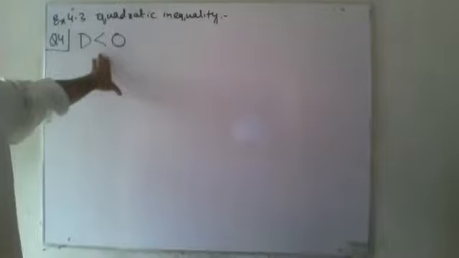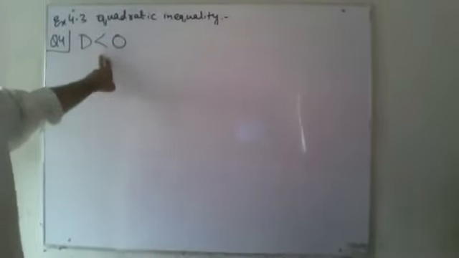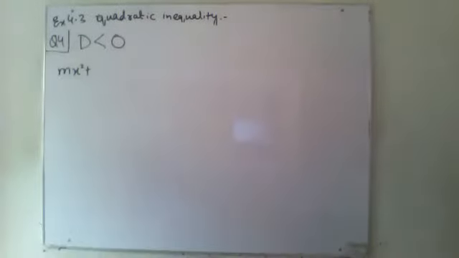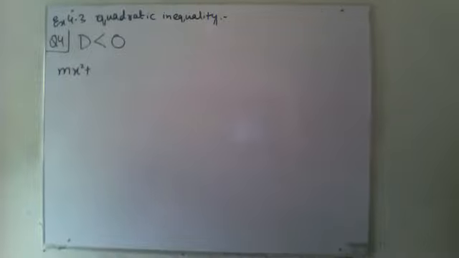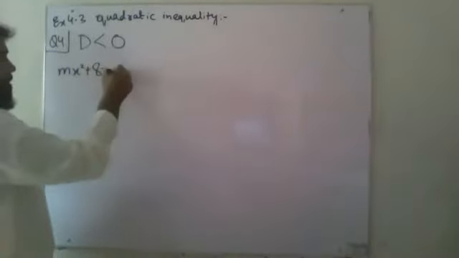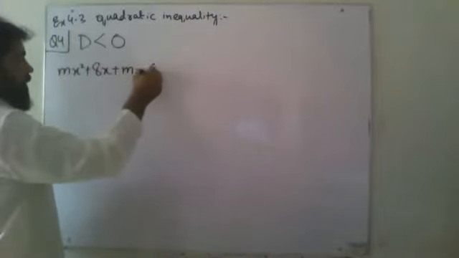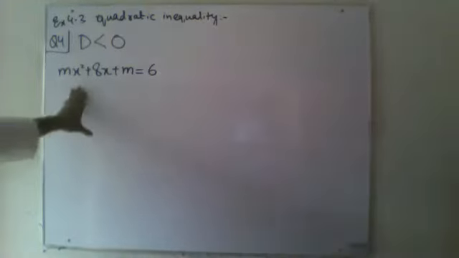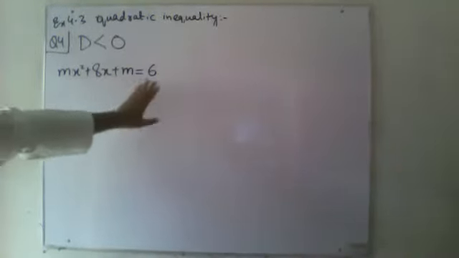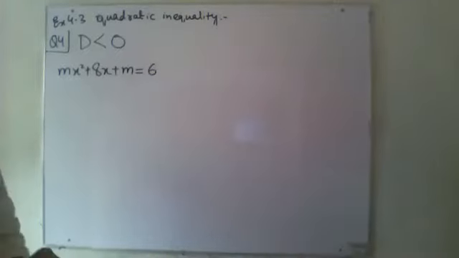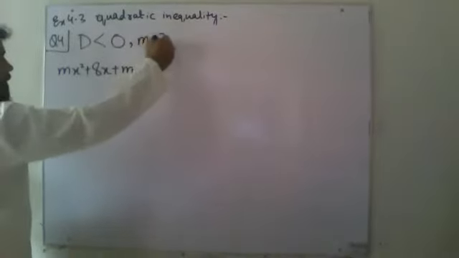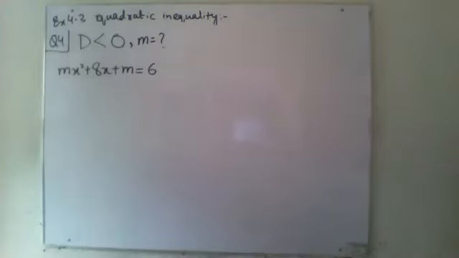That is the first thing they have given me, for which mx square plus 8x plus m equals to 6 is given to me. Mx square plus 8x plus m equals to 6 is given to me, and they are telling me to find the value of m so that I can have this condition over there. So, okay?